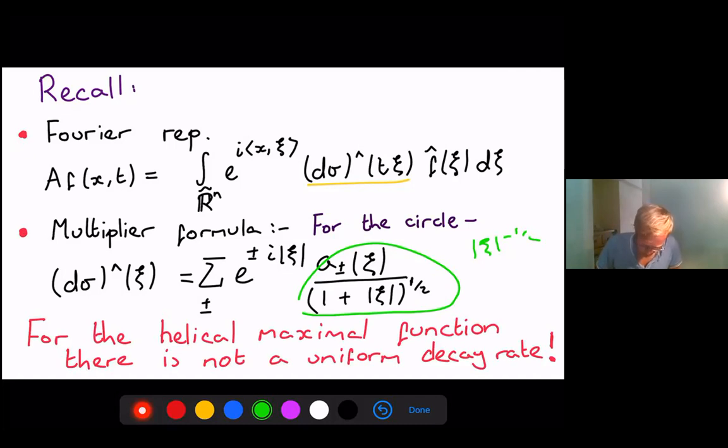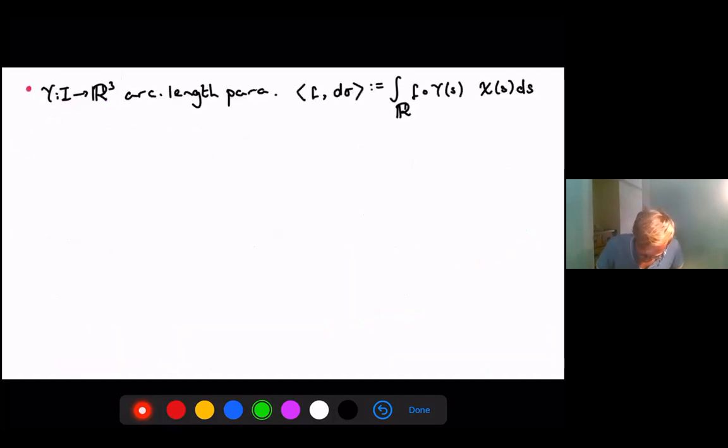So I want to try and explain why that's the case. We're going to let gamma denote an arc length parameterization of the curve we're working with, say our helix, and we take our measure dσ to be defined through this formula.